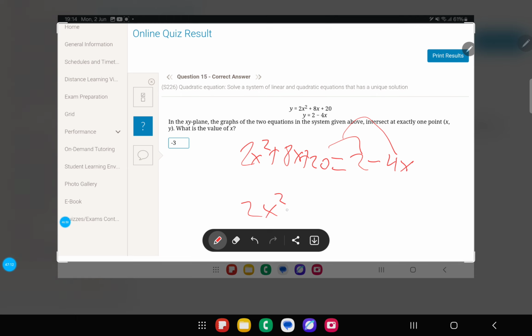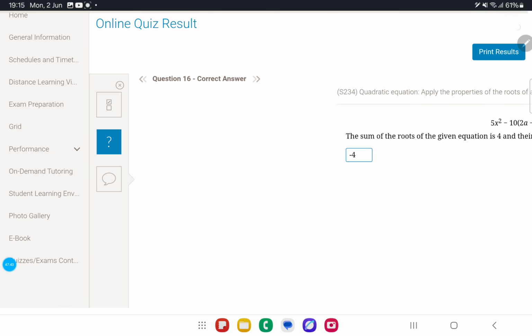You're gonna get 2x squared plus 12x plus 18. Now just put it in the calculator, 2, 12, and 18. You're gonna get x equals negative 3, and that's the only root you get. So that's the answer. Okay, that's it.